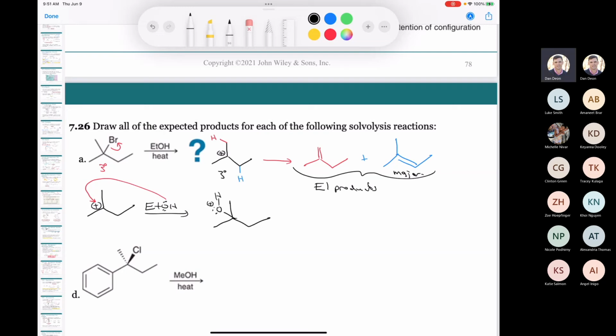It undergoes a proton transfer, so the ethanol is going to come and pick up that proton, and then we end up with our ether. So this would be the SN1 product, would look like this. So this is our SN1 product. And so if I just use that yellow highlighter, I end up with 1, 2, 3 products in this case.